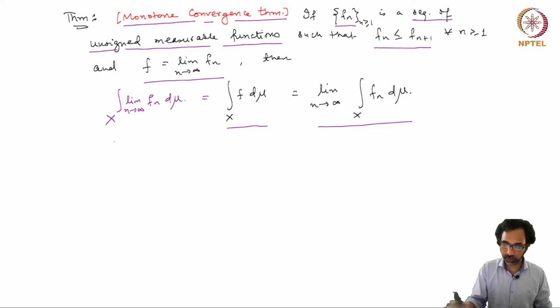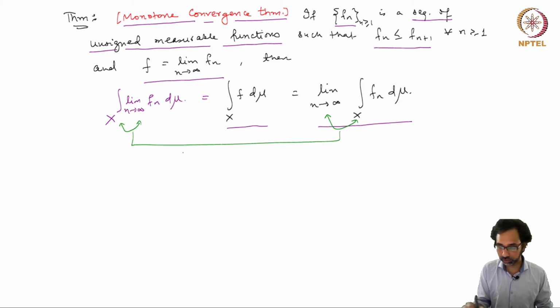So one can view it as the interchange of limit and integral signs, which is allowed when you have a sequence of non-decreasing unsigned measurable functions converging pointwise to a function f. So this is the interchange of limits and integration signs.